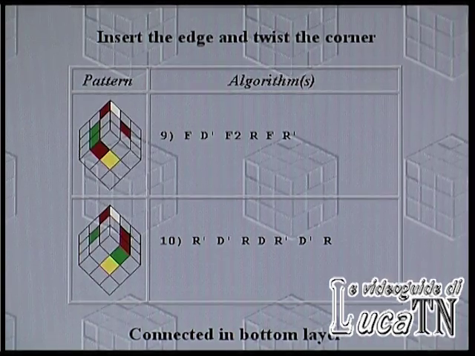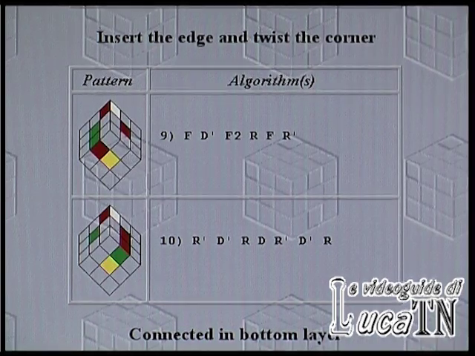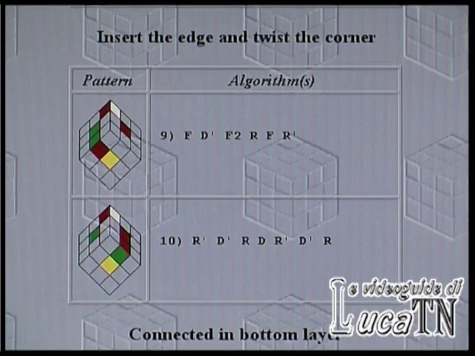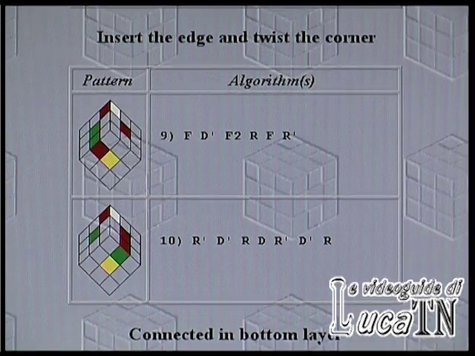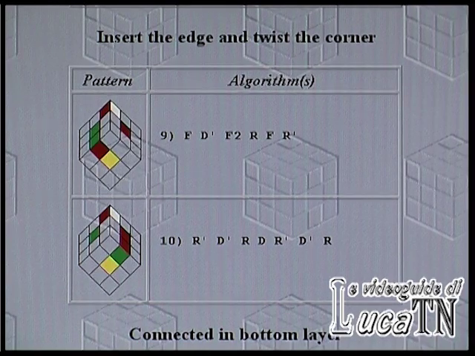This is the insert the edge and twist the corner. In both cases we have the corner with the white part on the right side of the cube, while the edge is facing us in algorithm number 9, while it is on the right side of the cube in algorithm number 10.